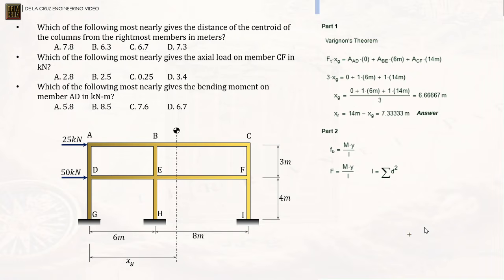Ayan. Alright? So, kunin muna natin yung moment. Ano ba yung moment dito sa formula? The moment here should be used, yan yung moment about the neutral axis. So, bali, ito yung magiging neutral axis natin. So, yung moment natin, remember, yung kukunin natin dito is yung member CF. And in the following question is member AD. Yan.